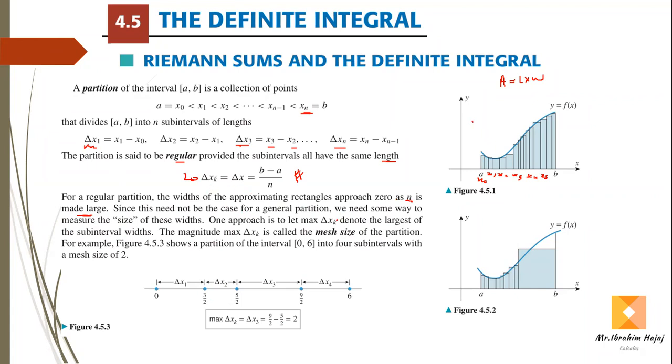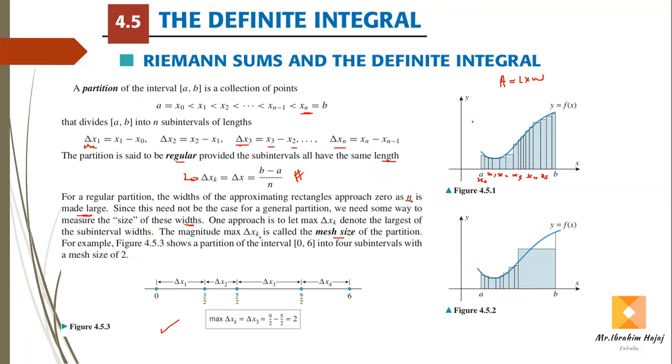Okay, we need some way to measure the size of the widths. Okay, so here, guys, on the number line below, to find the widths, we're gonna take max delta x sub k, which is the largest subinterval width.